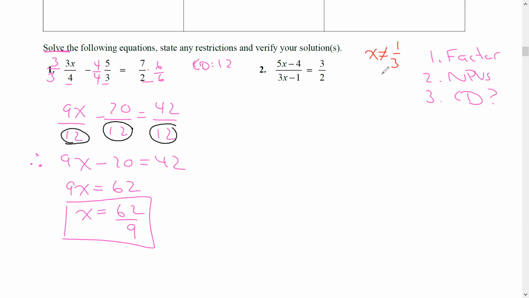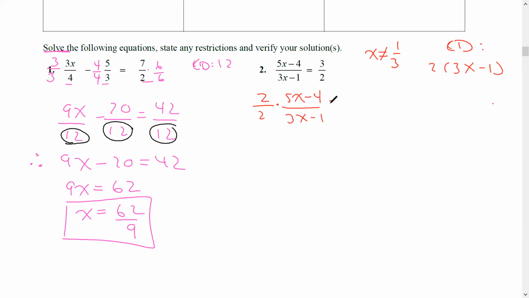I'm just going to erase over here. What's my common denominator? My common denominator will be 3x minus 1 times 2. So the left-hand side requires a 2 over 2. I apparently did not have enough coffee before I started this video.